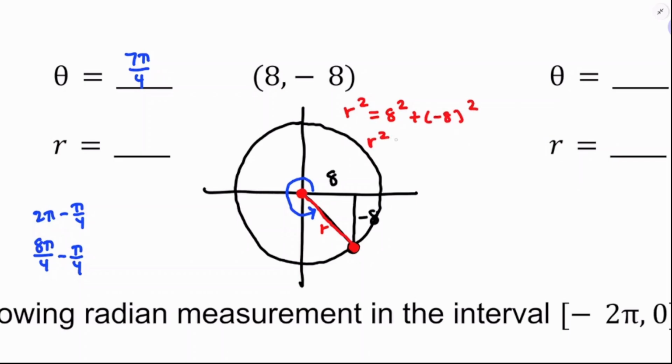It's r squared equals 64 plus 64, which is 64 times 2, because I know where this is headed. So r equals the square root of 64 times the square root of 2, and that's 8 root 2. Because we're interested in r being a positive number.